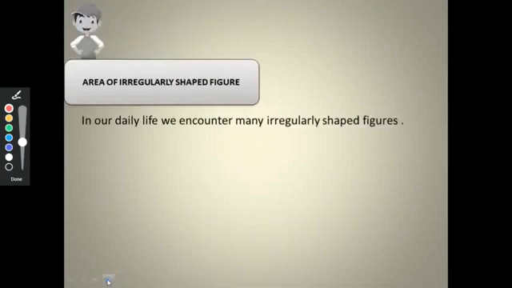Area of irregularly shaped figure. So we know how to find the area of regularly shaped figures. We have formulas to find them. In order to find the area of irregularly shaped figures, we will see how.